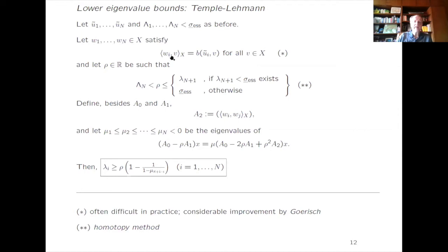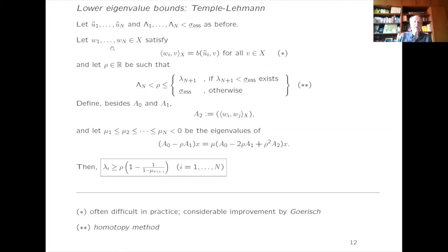So the inner product of wi and v in the X norm equals this right-hand side bilinear form, ui tilde and v, for all v. If we have a partial differential equation problem in mind, this is a boundary value problem for the wi with right-hand side ui tilde, roughly speaking.